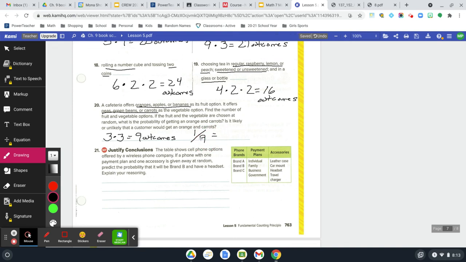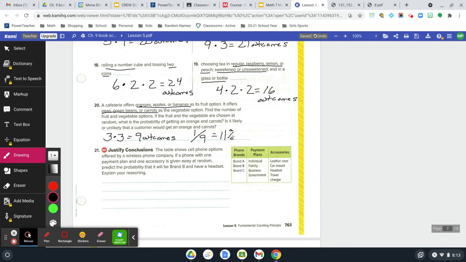So let's check that percentage. On your calculator, we're doing 1 divided by 9. And if we're looking at it as a percent, move the decimal 2 places to the right. You should see 11% on your calculator, and I'm just rounding it to the nearest whole number. Now, when you think about, is that likely or unlikely?